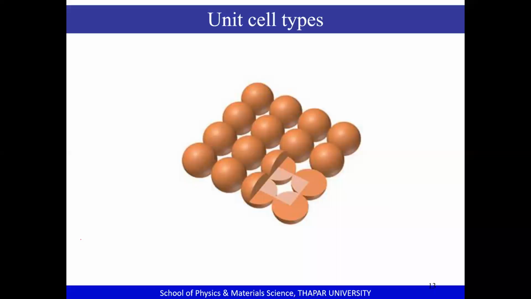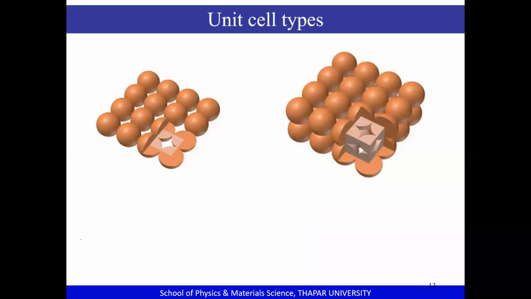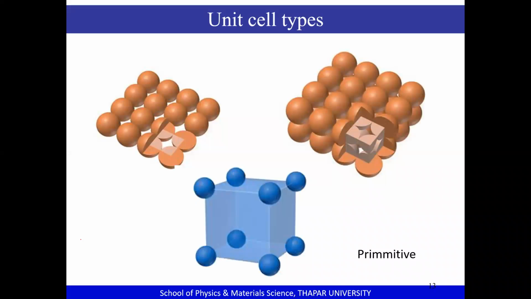Then we were classifying the unit cells into 2 categories. The first category we had discussed in the last class. It was the primitive unit cell. Primitive unit cell is the one which has atoms occupying the corners of the geometry.